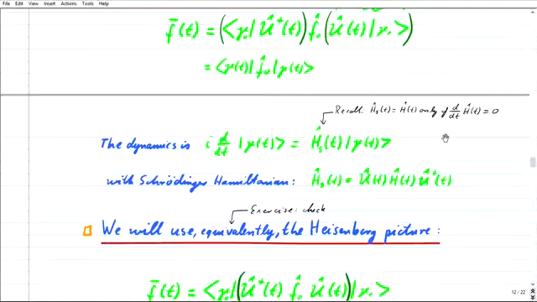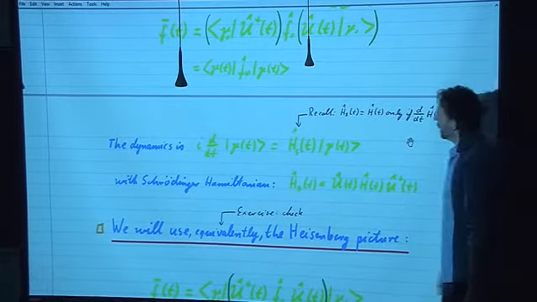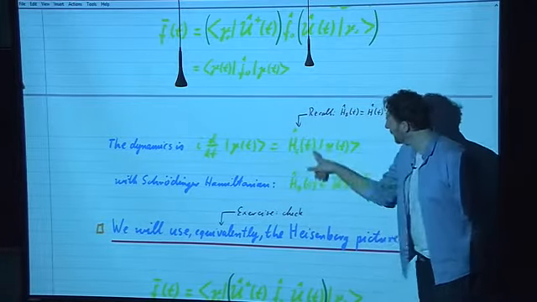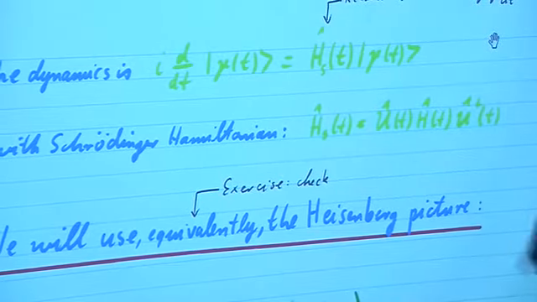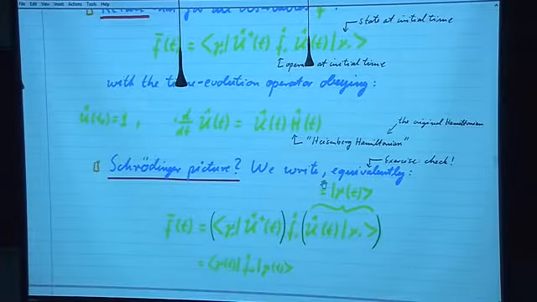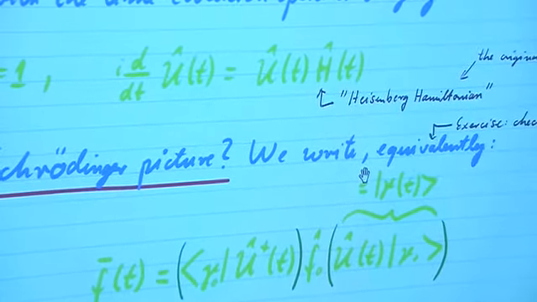Now, what's the dynamics? Well, we can prove, and if you haven't done that calculation yet, please do it. The dynamics is given by the Schrödinger equation, where i d by dt of gamma of t is given by this Hamiltonian acting on that state, and that Hamiltonian is not necessarily the same as the Hamiltonian that we started with, because this is actually the Heisenberg Hamiltonian.